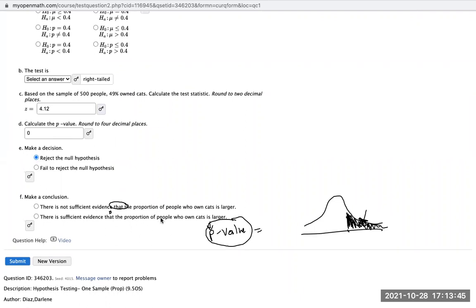So the proportion who own cats is larger. Right, because this is our alternative hypothesis.